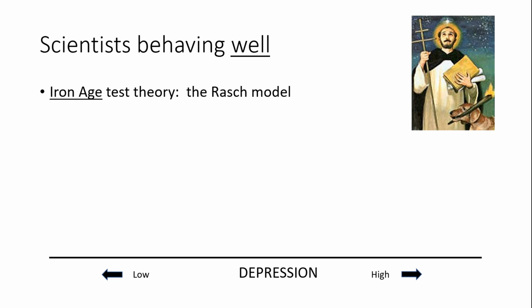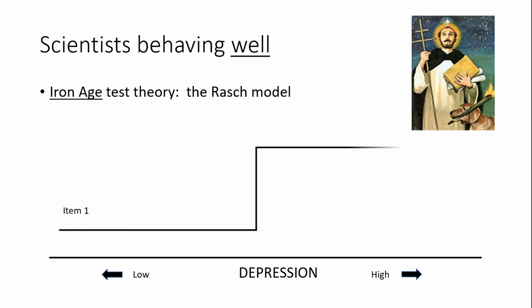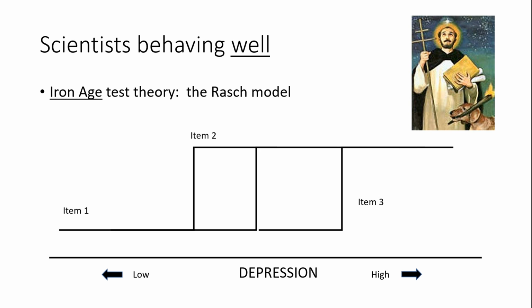Okay, take item number 1. As we go from low to high, there's a point along the scale where people flip from saying no to saying yes. But then for item number 2, there's going to be a different point at which they flip from no to yes. And for item number 3, there's yet another point where people are going to flip from no to yes.